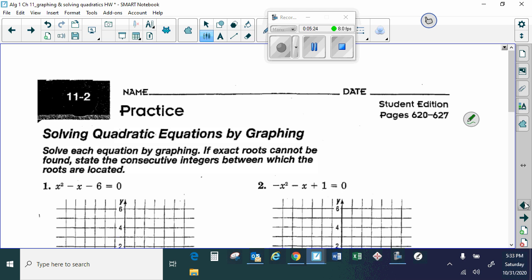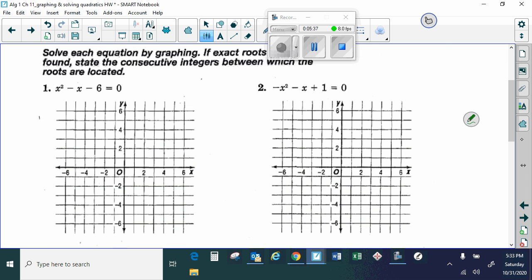If exact roots cannot be found, state the consecutive integers between which the roots are located. We found exact roots, 8 and negative 4, in that example. So technically you didn't have to graph it at all. That (2, negative 36) wouldn't plot on here. For our example, you just need the 8 and the negative 4, because that's what you're looking for, where it crossed the x-axis.